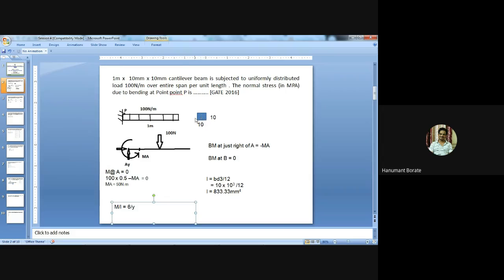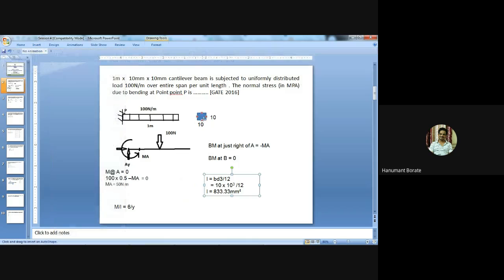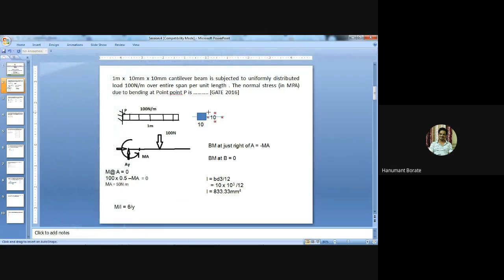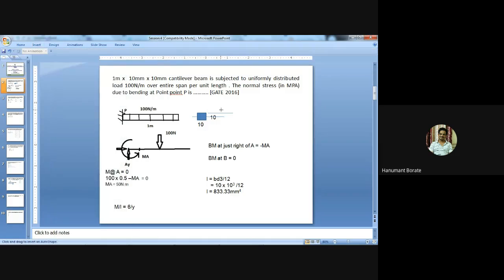Here the neutral axis is at a distance of 5 mm from the top, so we can say Y equals 5. This is the neutral axis, and this distance, to the upper fiber or lower fiber, is called Y.